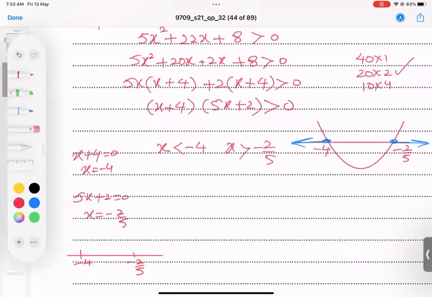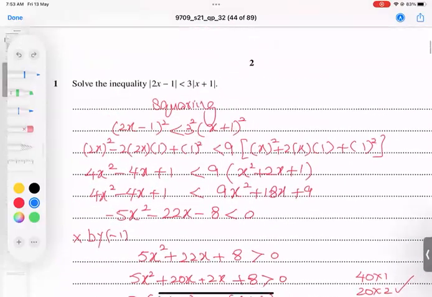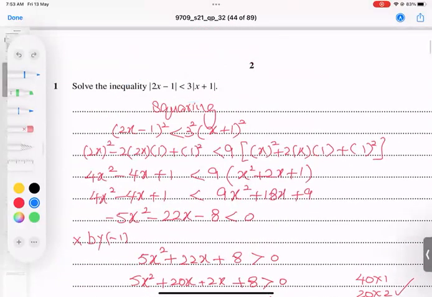And after this, what you have to do is checking. How to check? Check both values. So let's say smaller than negative 4. There are many numbers. There's one number, negative 5. Plug in -5 in the top question, in this equation, and check what the answer comes.